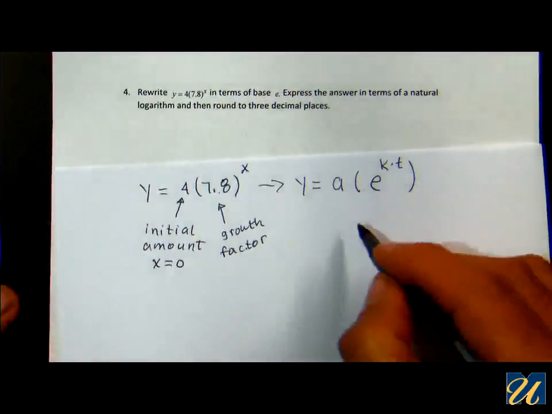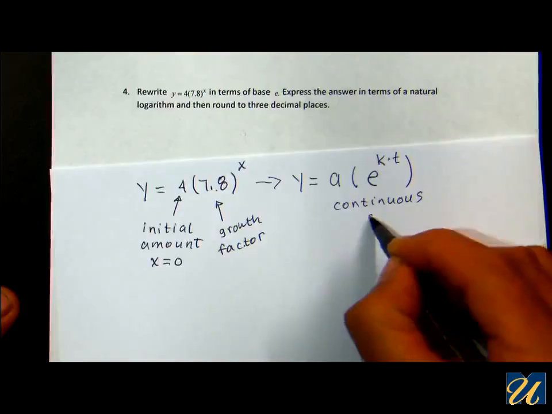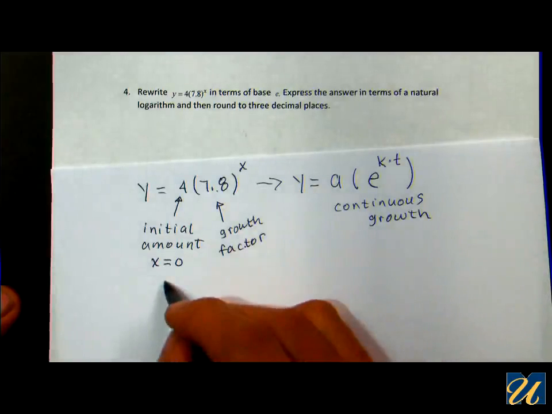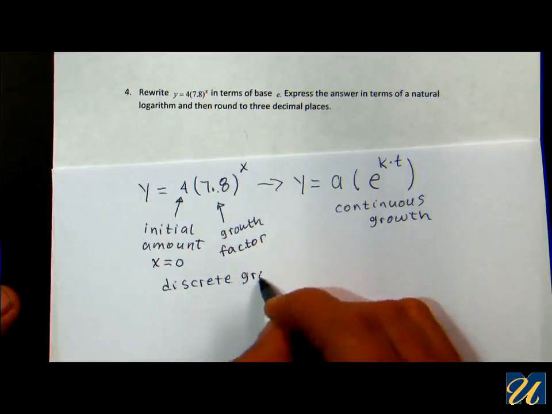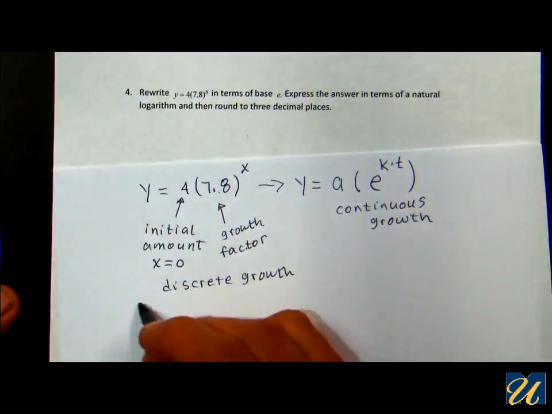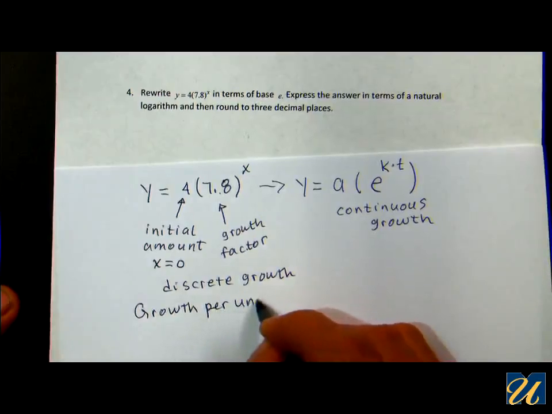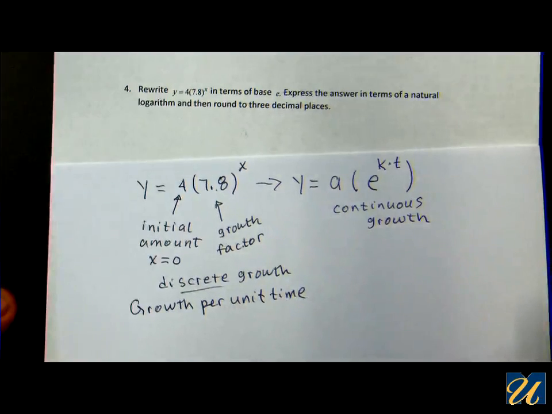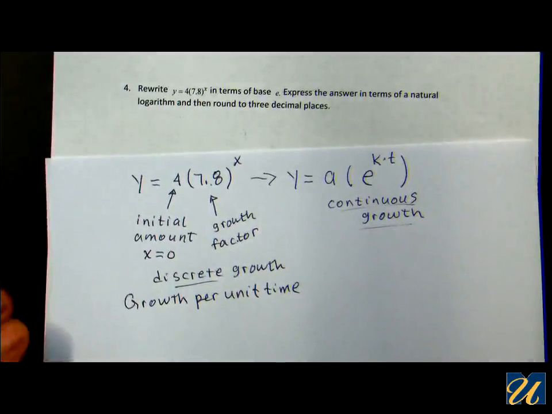Generally this represents continuous growth, whereas often this represents discrete growth, in other words, growth per unit time, whereas this is growing all the time for all values of t. Turns out we can turn one into the other and vice versa.